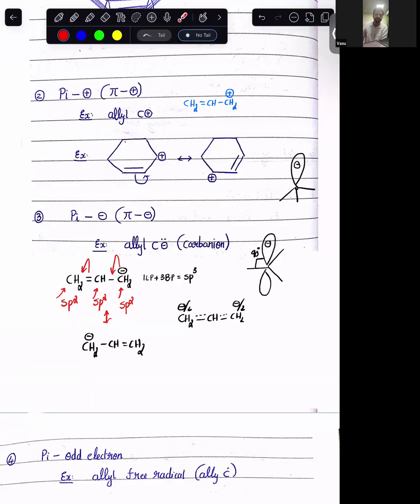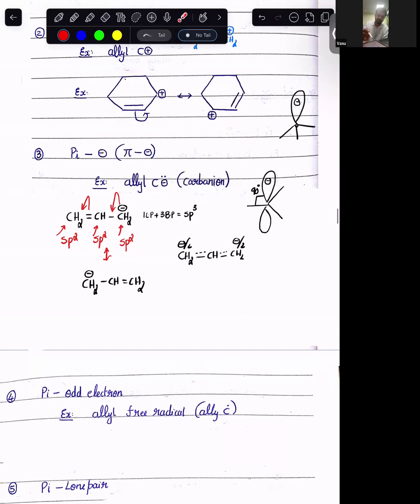Is that clear? So you can mark it as a statement. Later on also we'll mark that. For now you can mark: resonance stabilized carbanions are sp2 hybridized.